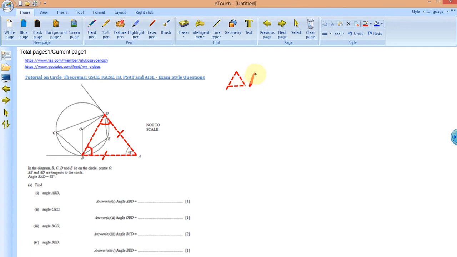The sum of angles in a triangle is 180 degrees, and two of the angles are equal, so let's call them x. So 2x plus 48 should sum up to 180 degrees. The rule is the angle sum in a triangle is 180 degrees.